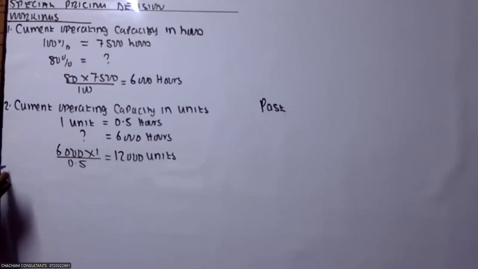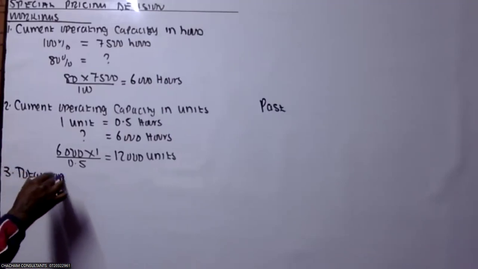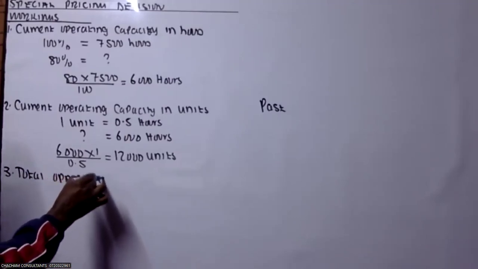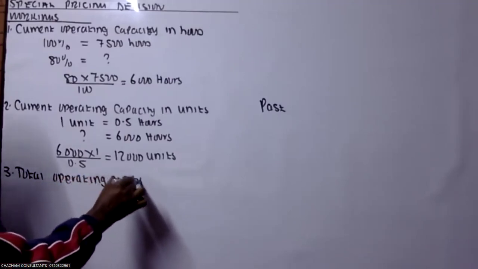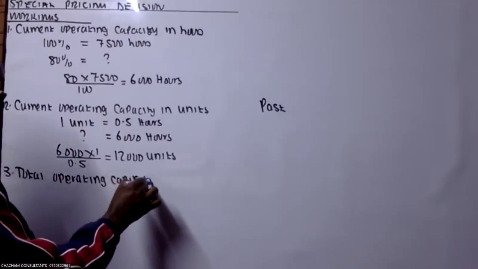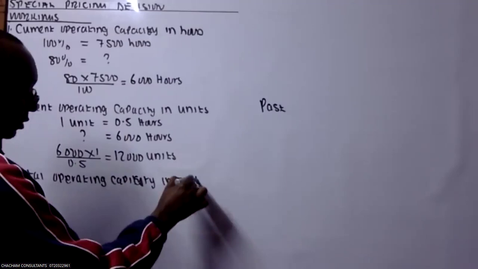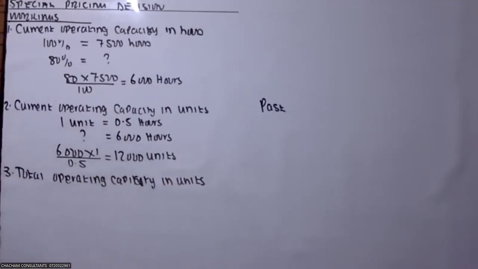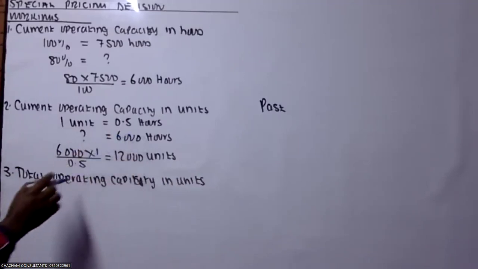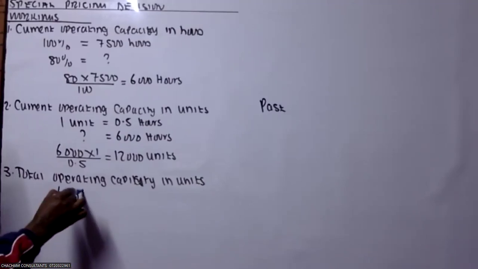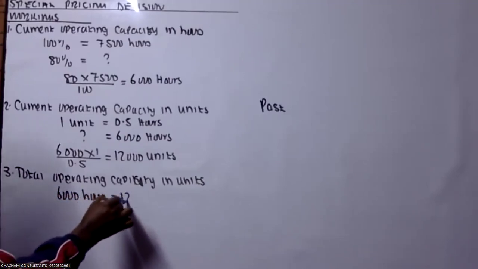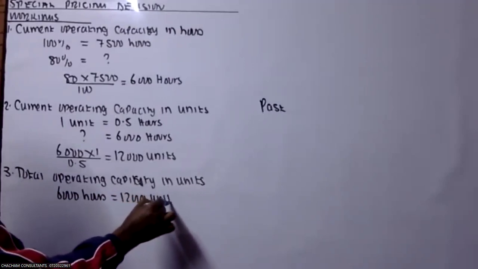Higher. The third thing that we need to do is to say total operating capacity, the total that we can do in units. We argue that 6,000 hours are giving us 12,000 units.